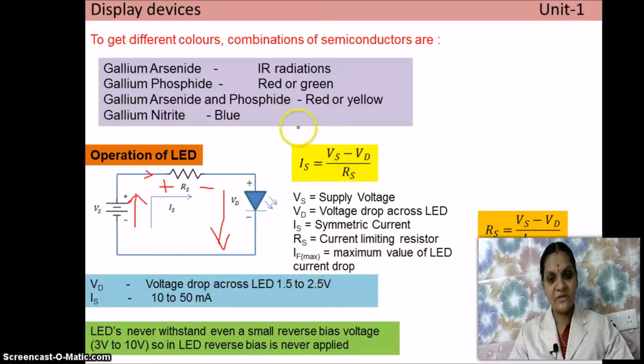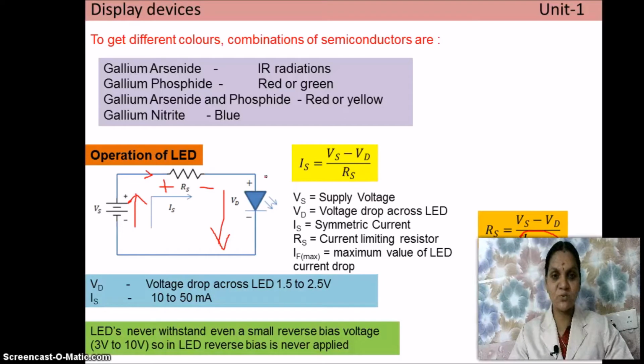So in other words, we can also write this equation as, what will be the value of Rs we have to choose. That depends on how much current we have to allow into this circuit. That is again given by Ohm's law. R is equal to V by I. V is nothing but Vs minus Vd. I is the maximum value of forward current, because each and every LED has some design specification.